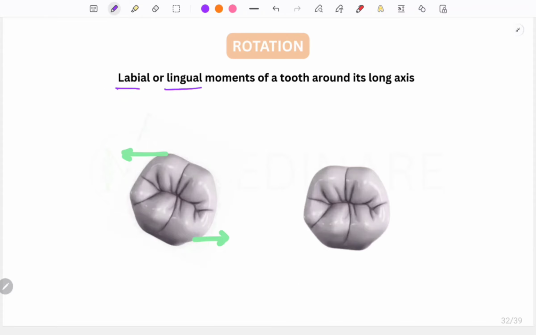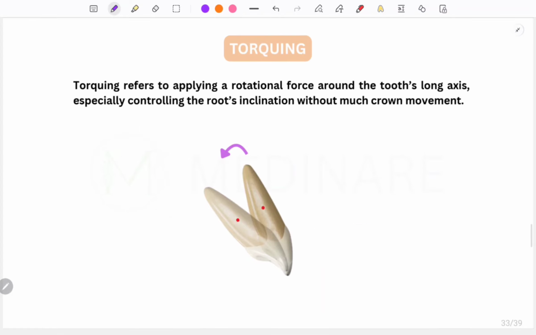For rotation, we need to do labial or lingual movements to a tooth around its long axis. Torquing refers to a rotational force around the tooth's long axis, especially controlling the root's inclination without much crown movement. In controlled tipping, we saw the root will stay in one position, only the crown moves.